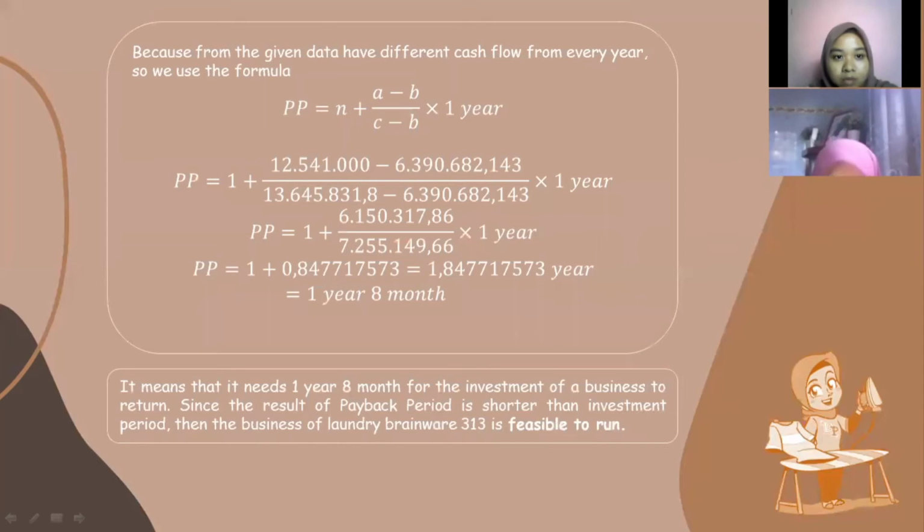Next, because from the given data we have different cash flow from every year, we use the formula payback period equal to N plus A minus B over C minus B times 1 year.